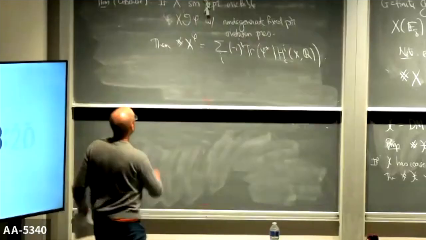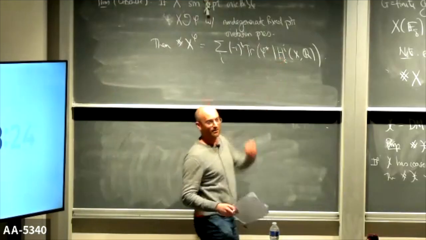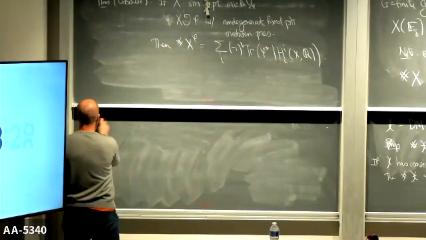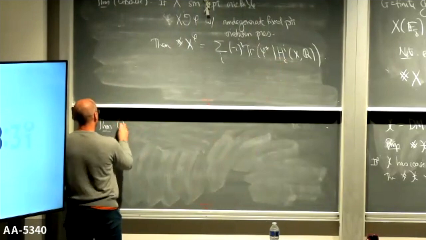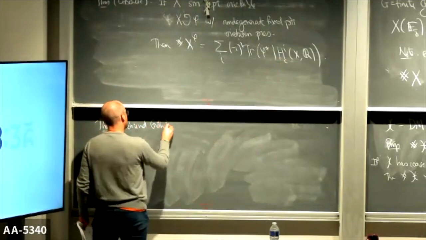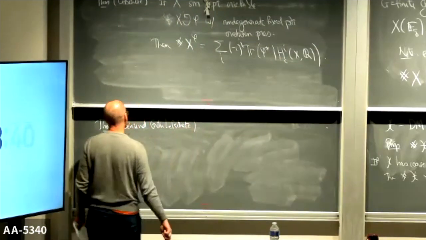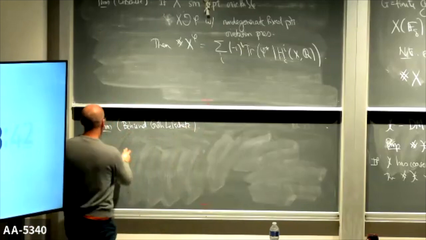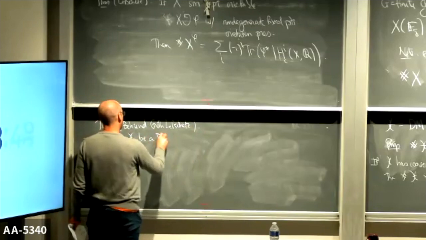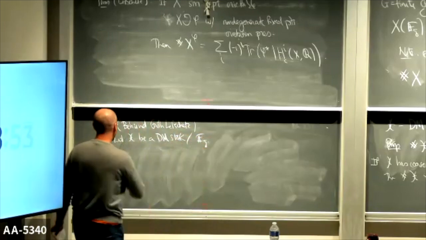And so on algebraic varieties, if we're working over F_q, we don't have singular cohomology to work with, but we have something almost as good: the Lefschetz trace formula. Let X be a Deligne-Mumford stack over a finite field F_q.